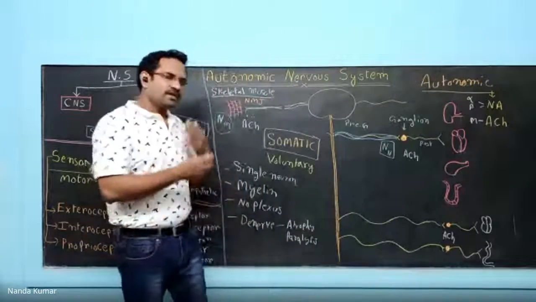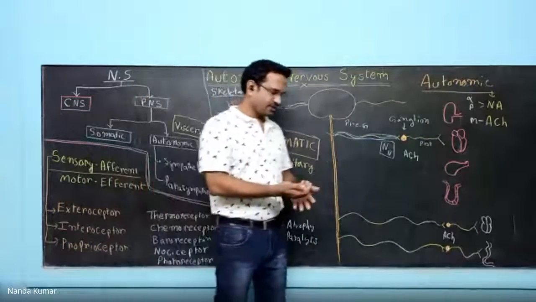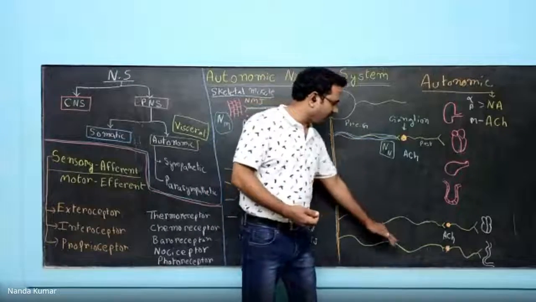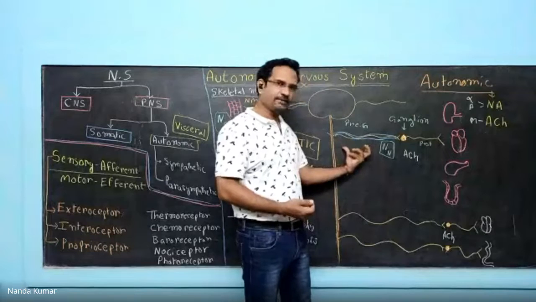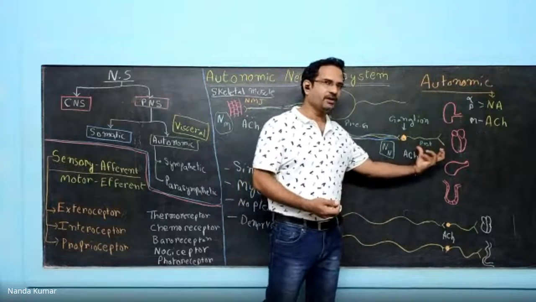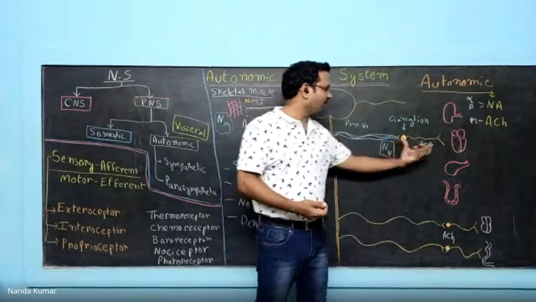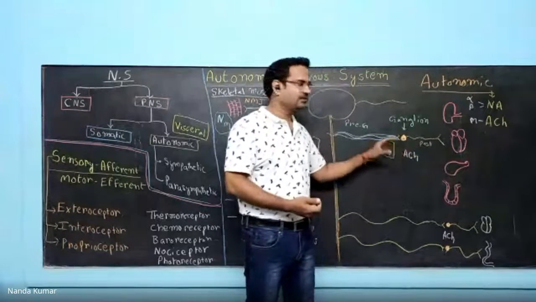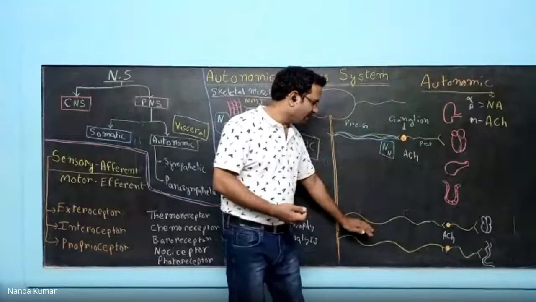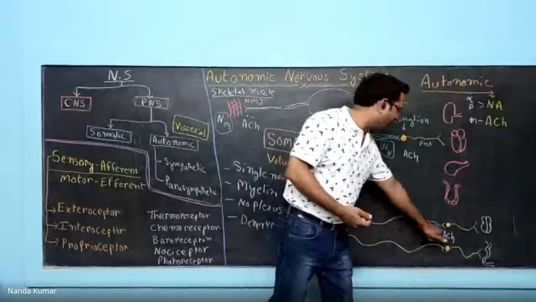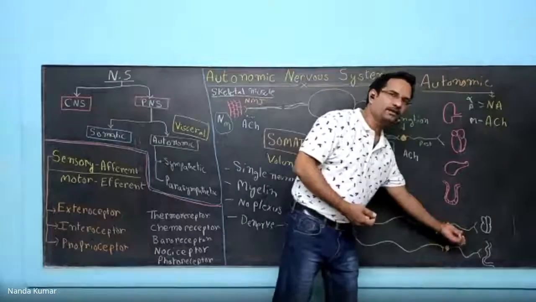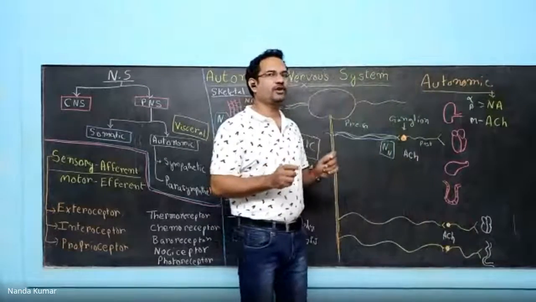Now, what is the difference in anatomy? Look at these neurons. I have purposely drawn these two. In the first case, you have a preganglionic neuron and a postganglionic neuron, and their lengths are almost similar. Whereas in this case, the preganglionic neuron is long, while the postganglionic one is very small. This is the difference in anatomy.